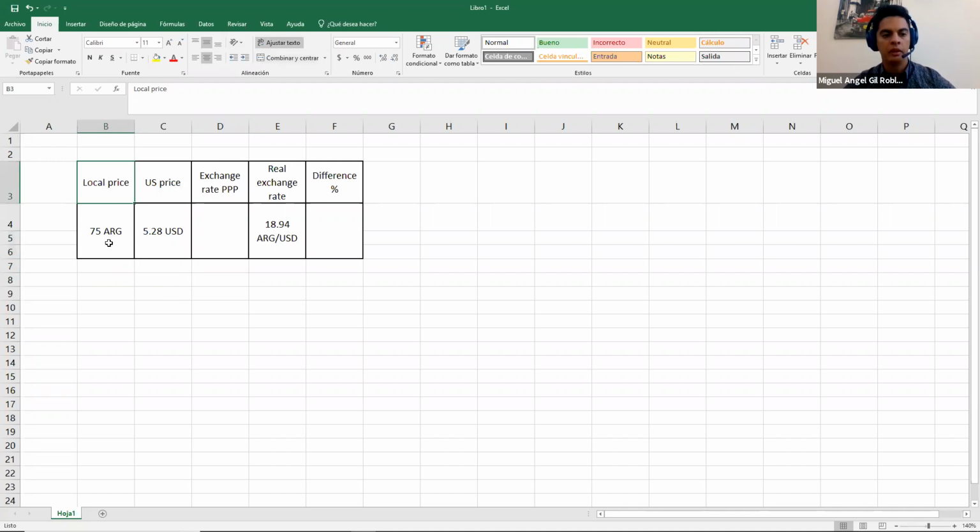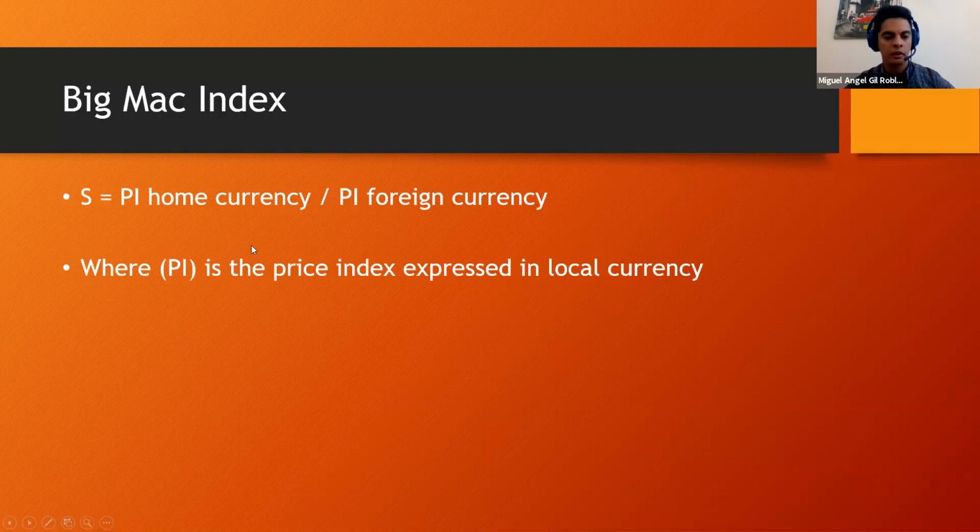As you can see, this is the local price, 75, and this is the foreign price, 5.28. If we go back to the formula, it says home currency over foreign currency, so the price in the home country over the price in the foreign country.